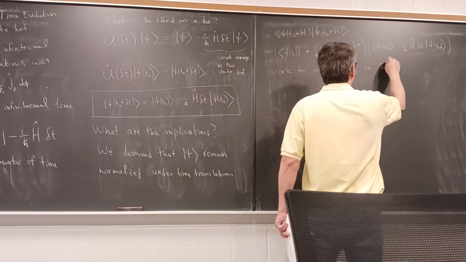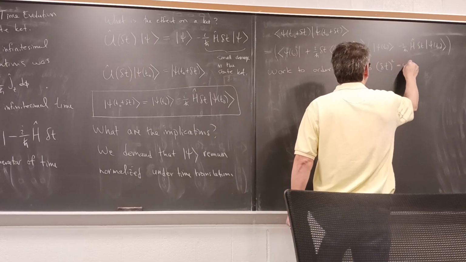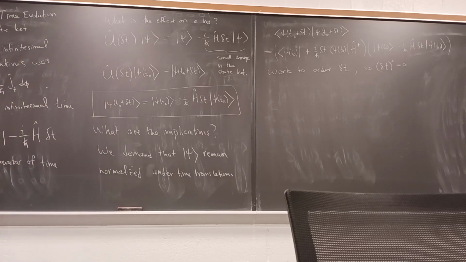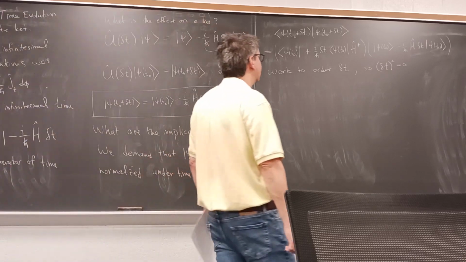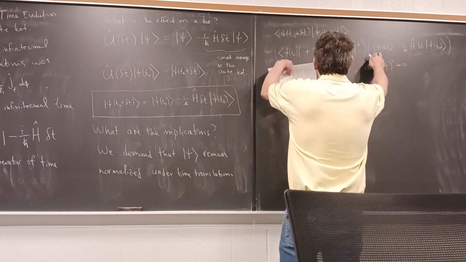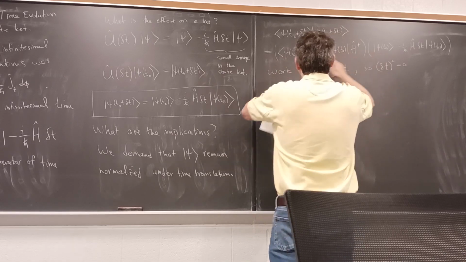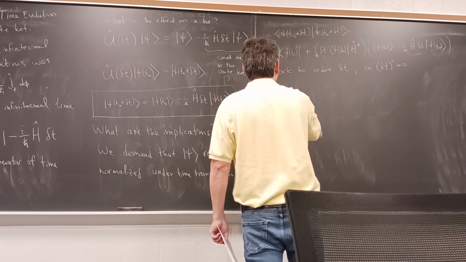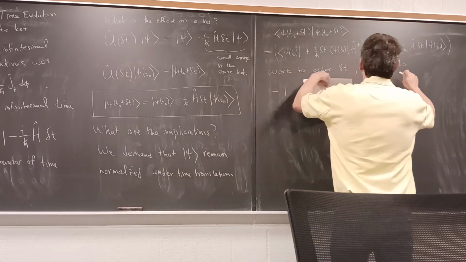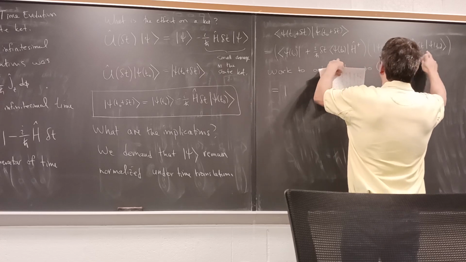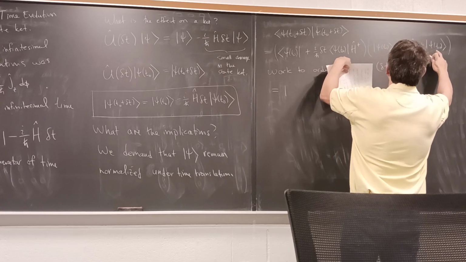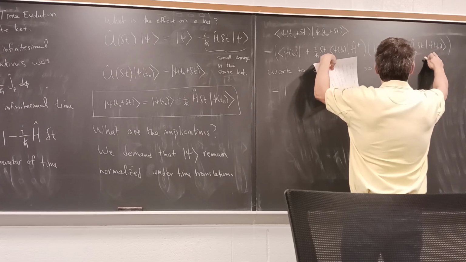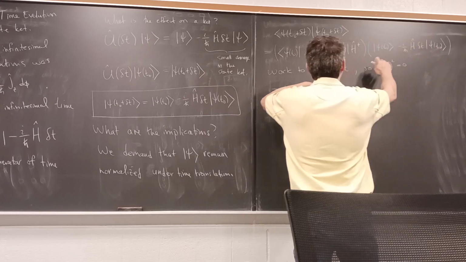So we'll say that dt squared is just 0. Right? That's just working to the linear order of dt. So we'll have psi of t0 with itself. That will give us 1. And then when these two operators hit each other, I'll have delta t squared, so they won't contribute. So that's just 0.